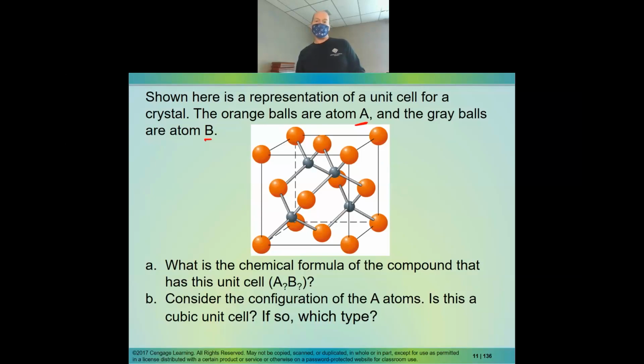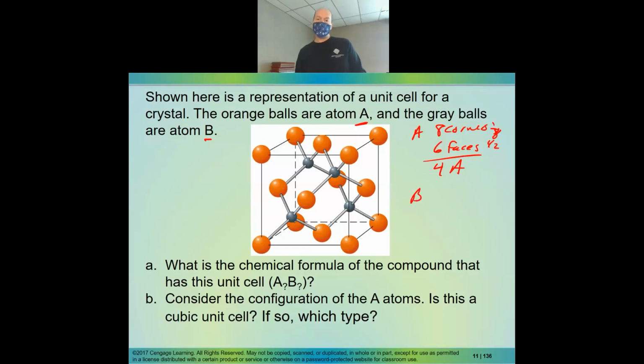So the orange one, the A, you've got your 8 corners at 1/8, and then you got your 6 faces at 1/2, and so you got your total of 4 A atoms inside of the cube.